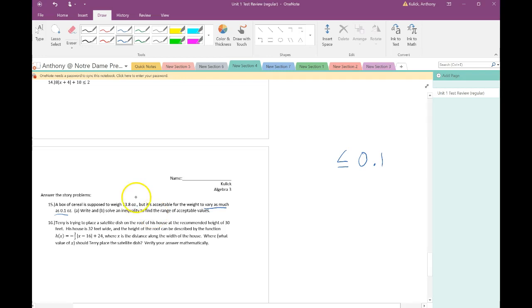Now, if we're talking about the weight being 13.8, I'm saying that the weight of the box of cereal minus 13.8 has to be within 0.1.